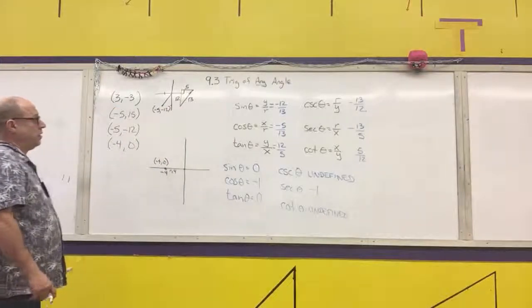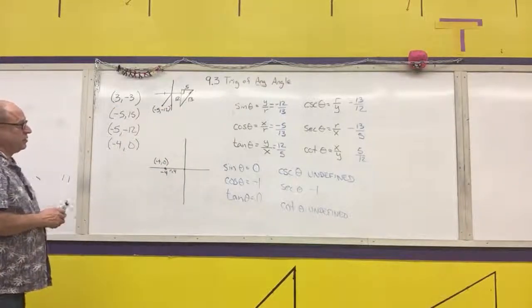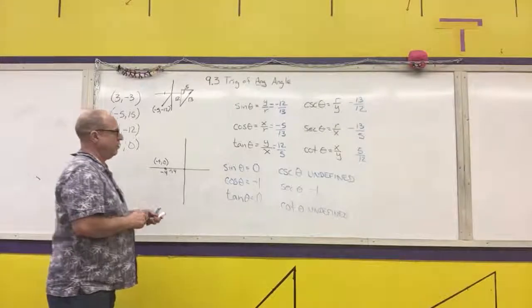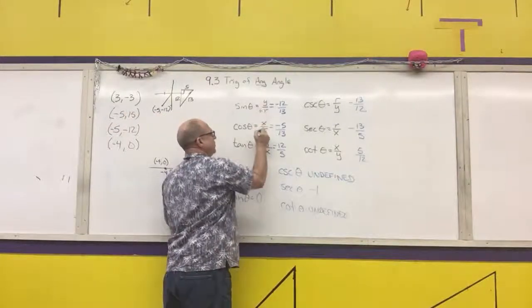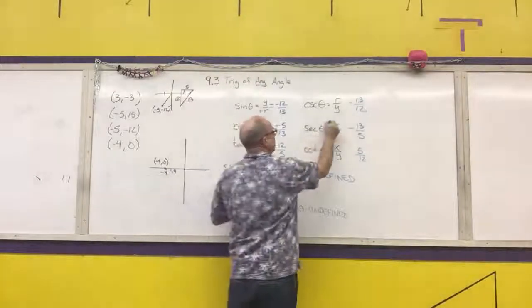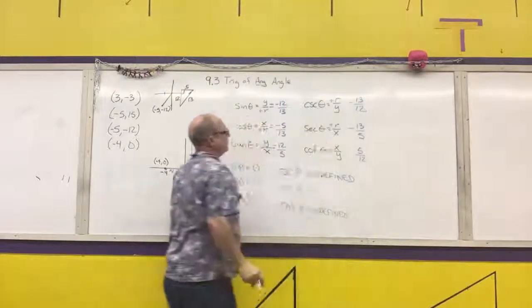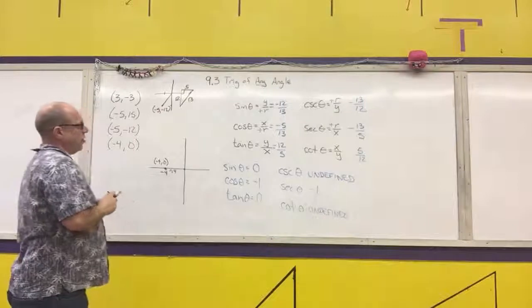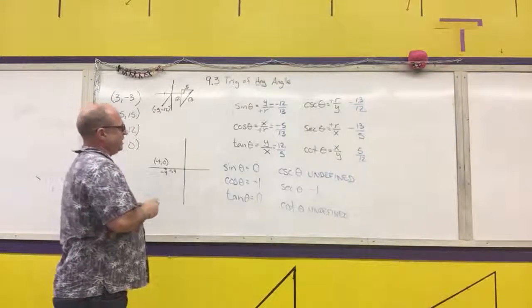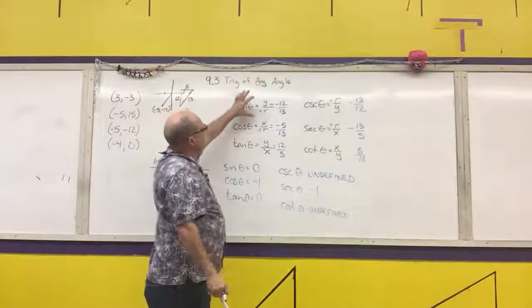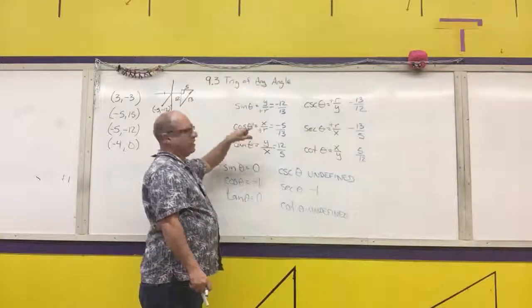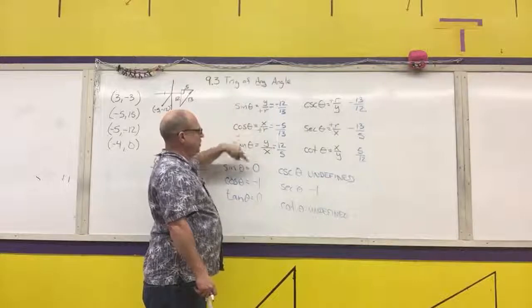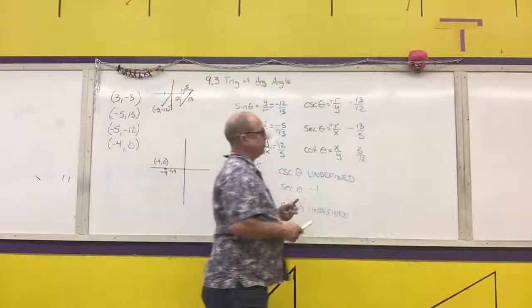Okay, so let's look at these. One thing that we know about our definitions is r is always positive. Okay? So if r is always positive, we can determine what are the signs of the various trig functions in each of my quadrants.